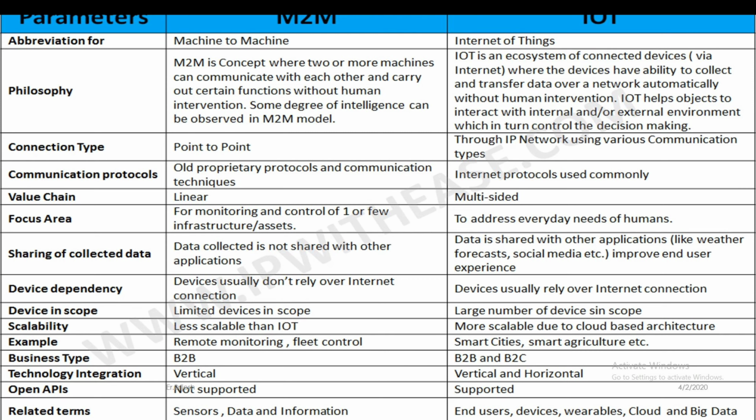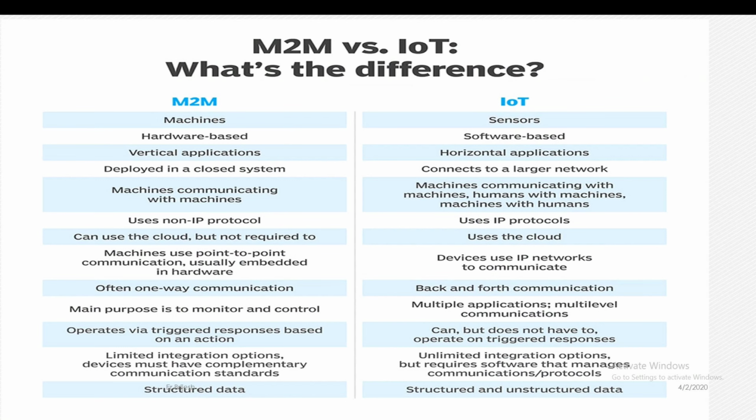So this is the main difference between M2M and IoT. You can see another table in which we simply differentiated M2M and IoT. These are the same differences I explained before, so you can read it by yourself.